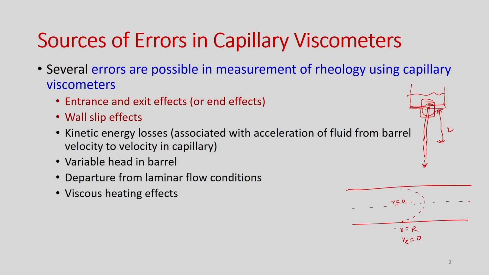But we know that for a small geometry like flow area, the passage area, that is the diameter, if it is very small, then in general at the wall we will not have zero velocity, but we will have some kind of slip velocity.